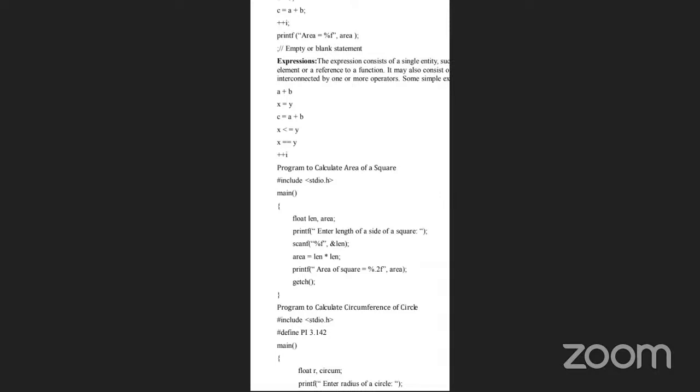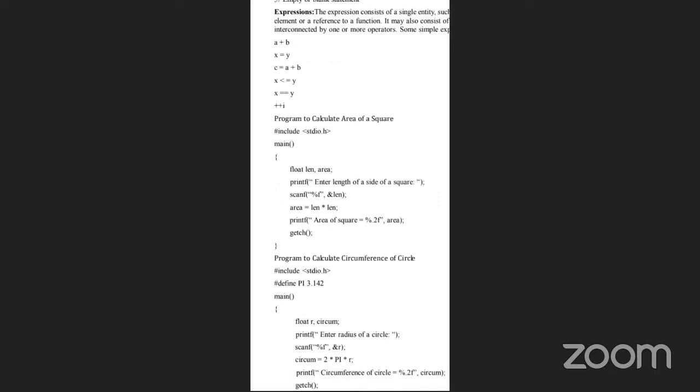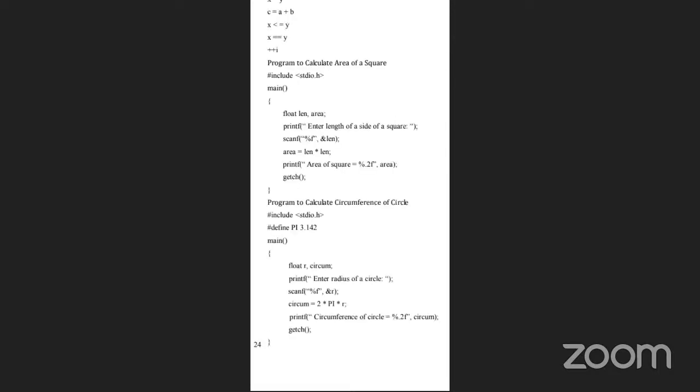Next, getch. Next, the curly bracket closes. So this is the program to calculate area of square. If you write this program, then it executes and gives the output value, and that also calculates.